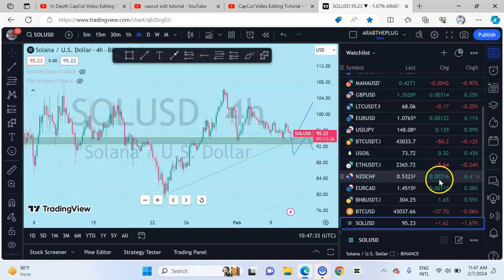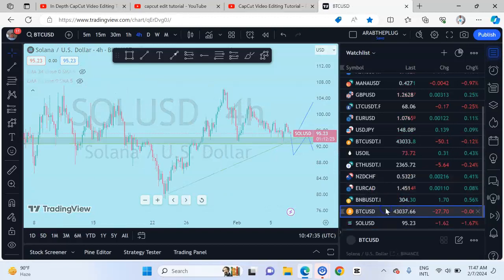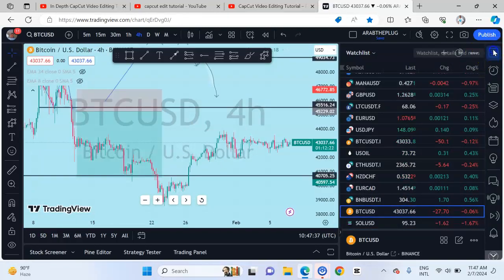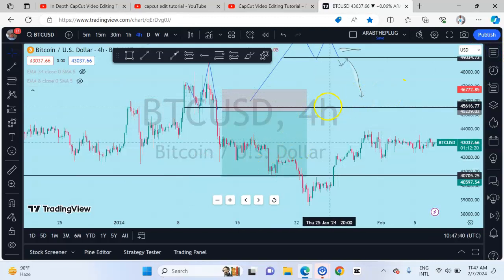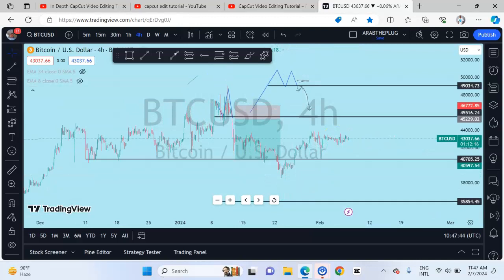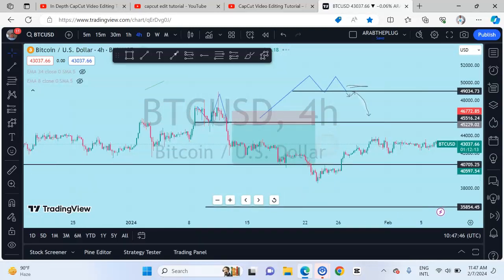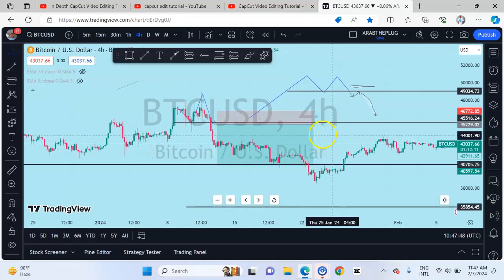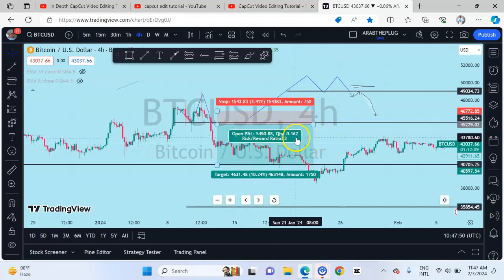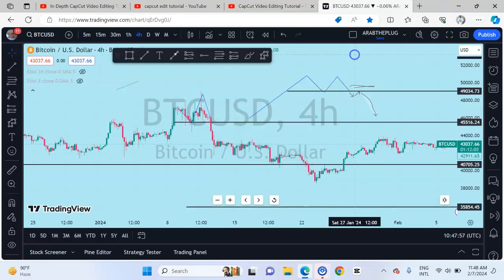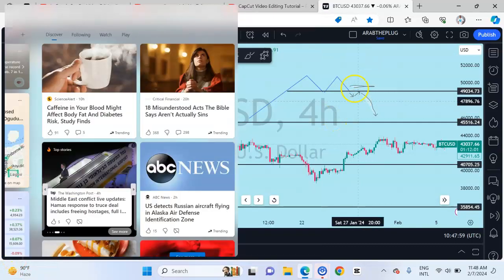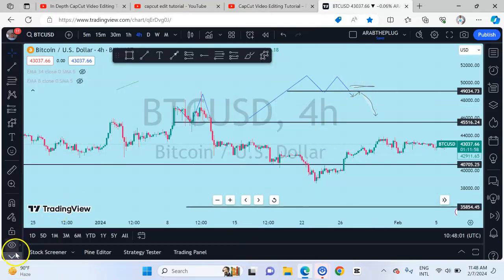I have a trade on Bitcoin that has hit targets. Let me get rid of all the drawings on this chart.